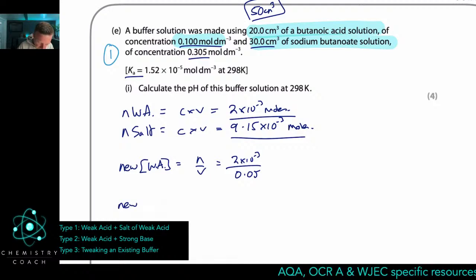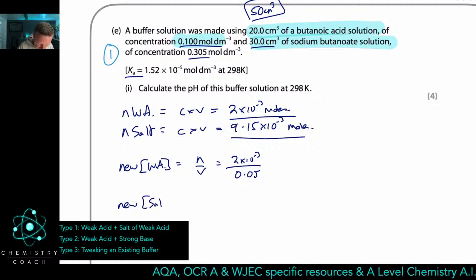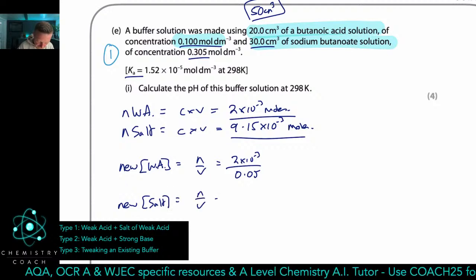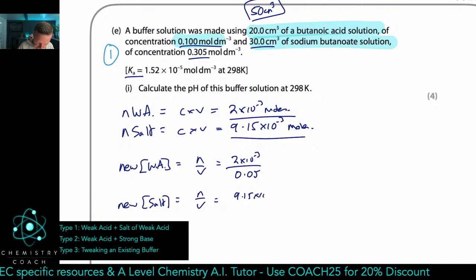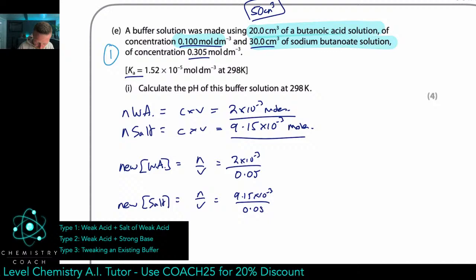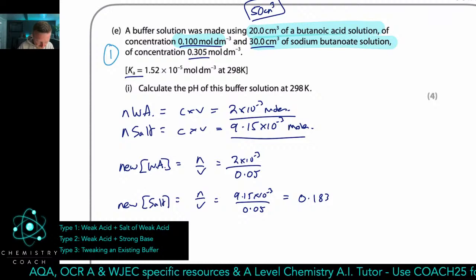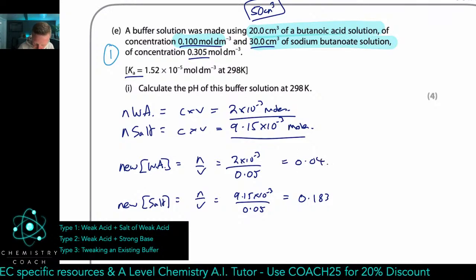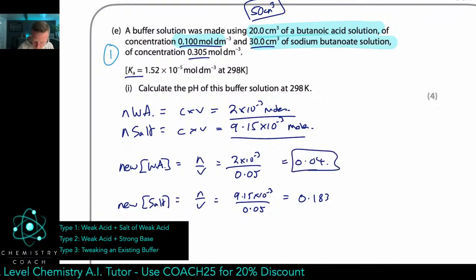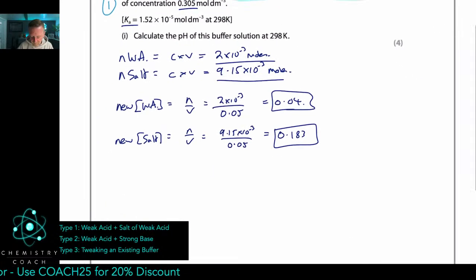And the new concentration of the salt is 9.15 times 10 to the minus 3 divided by 0.05. I've got that in my calculator, so I'm going to do that first. So that is 0.183 moles per decimeter cubed, and then 2 times 10 to the minus 3 divided by 0.05 is 0.04. Okay, now we've got our new concentrations of weak acid and salt.